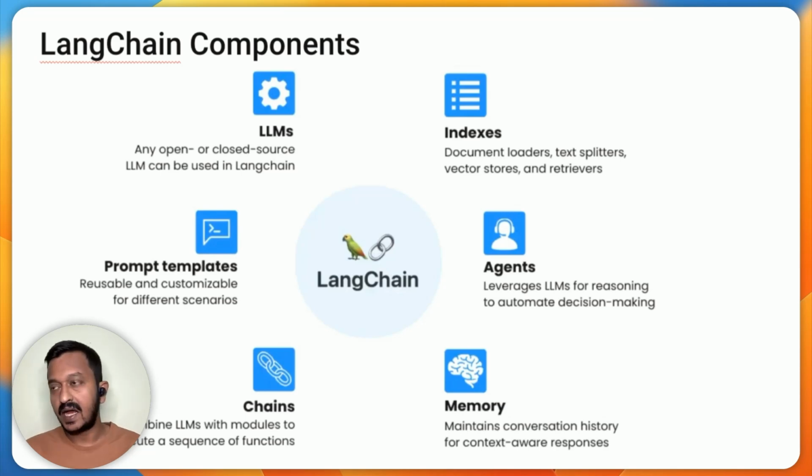You can just build AI applications giving a proper prompt saying, hey, I don't know AI. I'm 8 years old. So explain everything to me as if I'm 8 years old. So you can customize the templates, or you can basically use the already available templates that LangChain has. So these are the main components of LangChain.